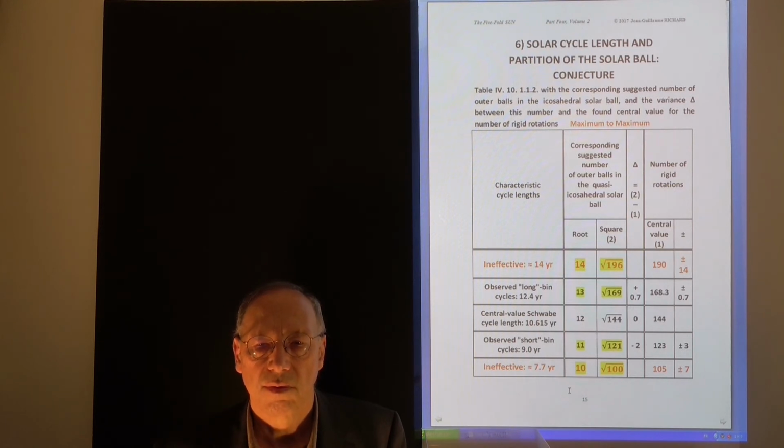Now, for maximum to maximum cycles in the millennial record and in periodograms, we find a number of 14 for the root of the number of rotations and a number of 10 for respectively the hyper-long and hyper-short cycles, which would correspond in fact to a threshold for the presence of a cycle or not.